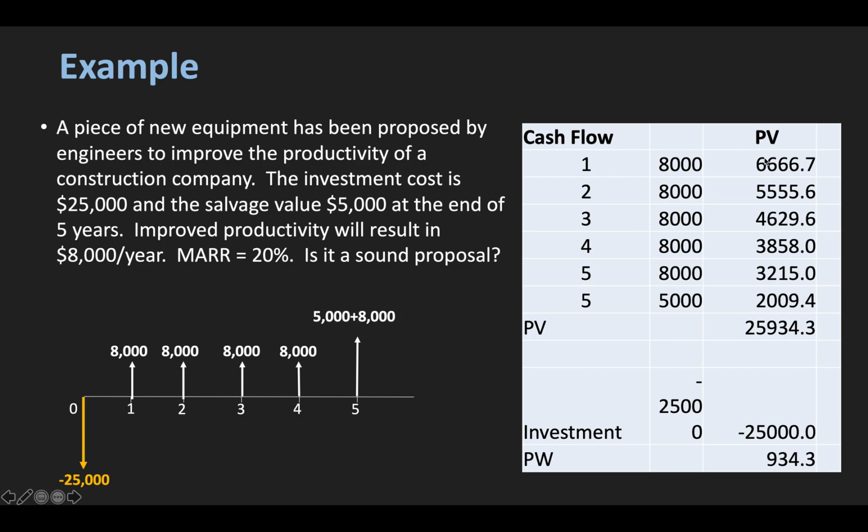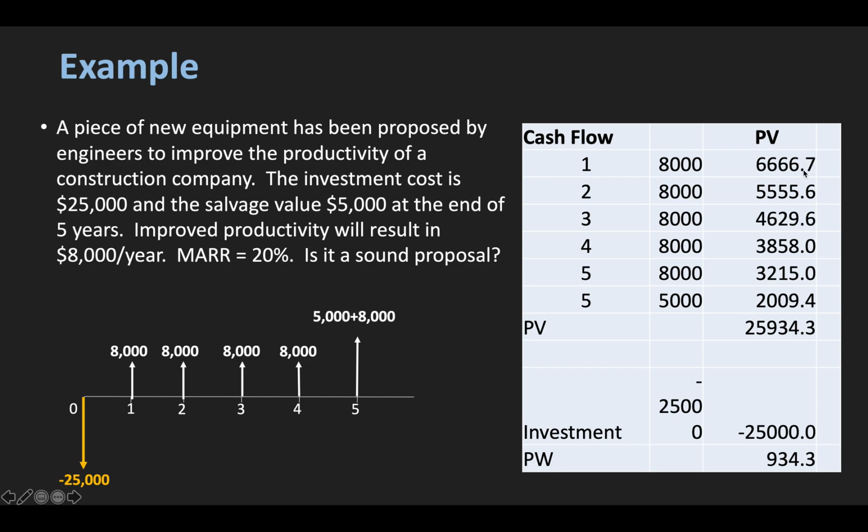But here I used Excel, one by one, right? I convert each year's value back to the present value. This is year 1. We're making $8,000, and what I did is divide this by 1.2, which is 1 plus MARR. 1 plus 20% equals 1.2.